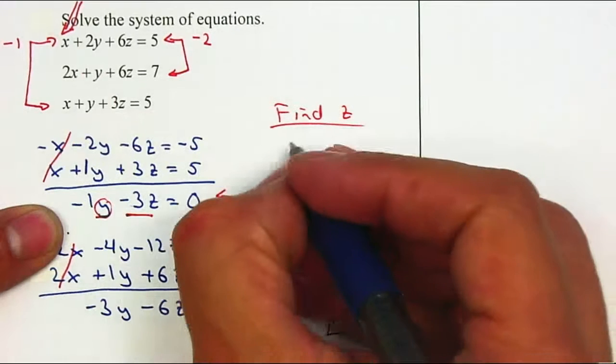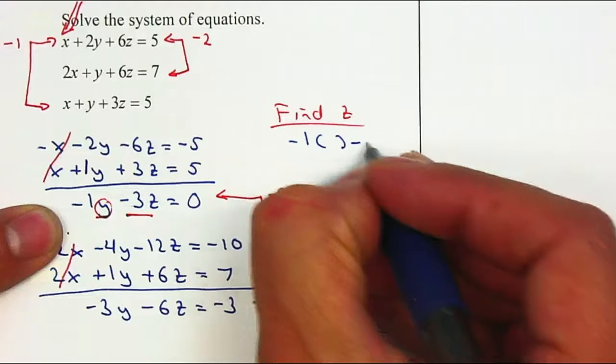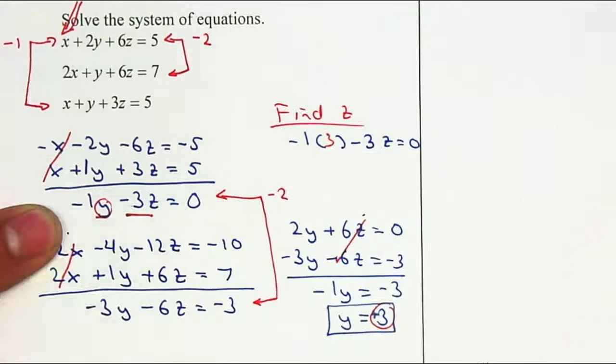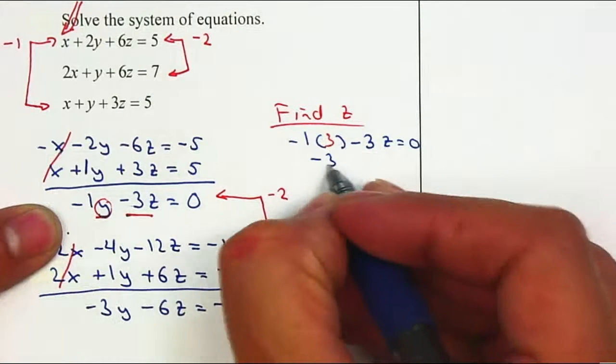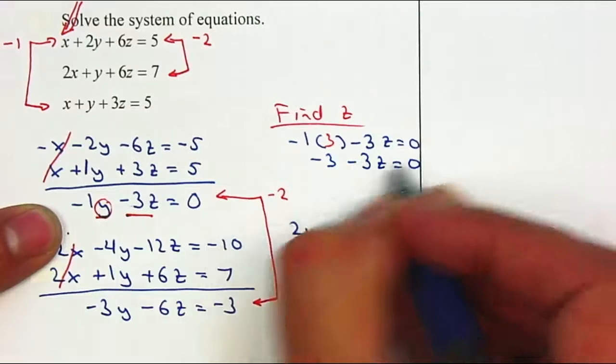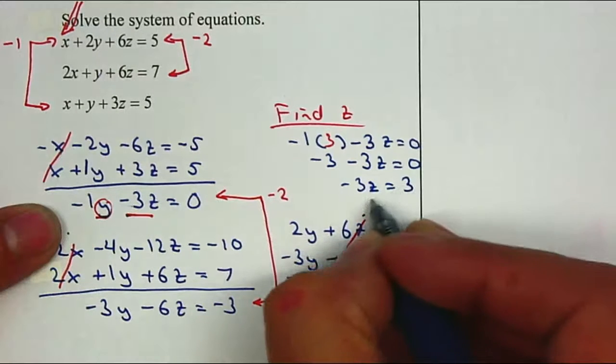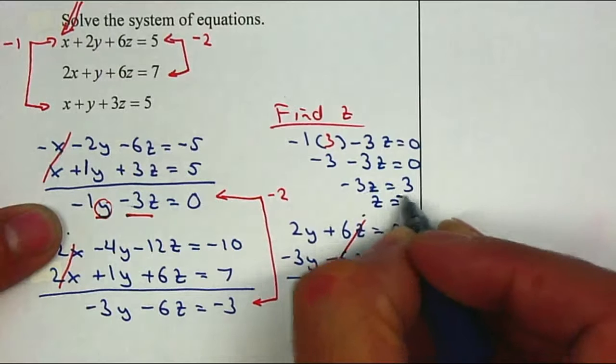That is -1, but instead of the y, I'm going to replace it with a +3. Right, this is simple. With a +3, that will give me a -3 minus 3z is equal to 0. Move my 3 to the right, becomes a positive, so z is equal to -1.